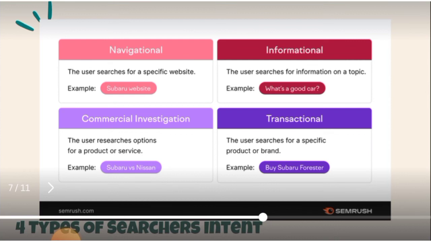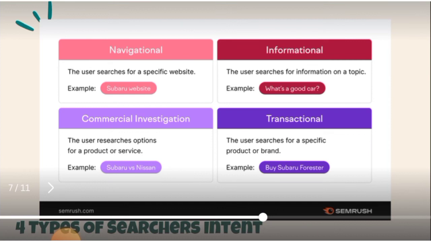So now, commercial investigation. The user intent for a commercial investigation is that someone is looking for options. Most of the time they're looking for options, or they are at a stage on their buyer's journey where they want to emotionally and logically justify a purchase they're about to make.